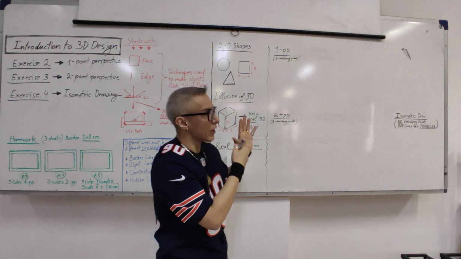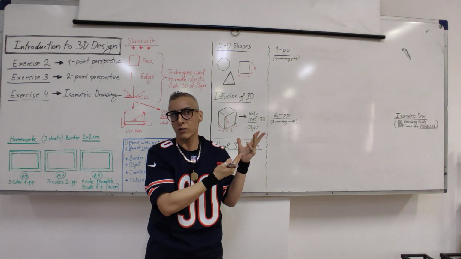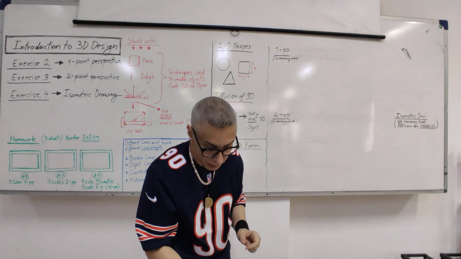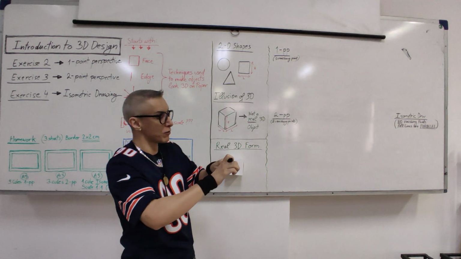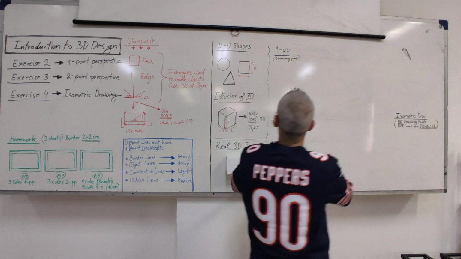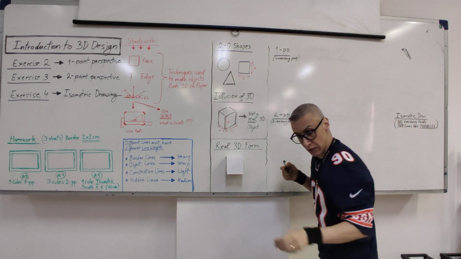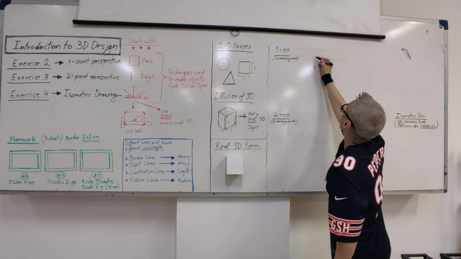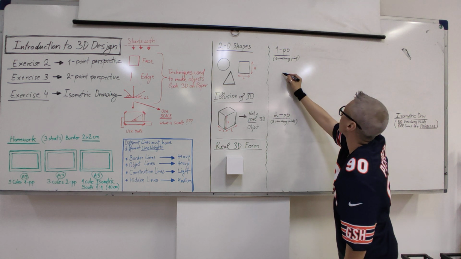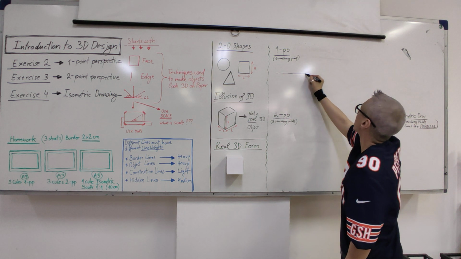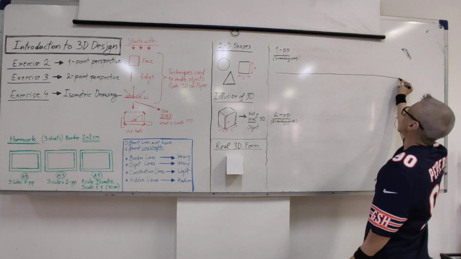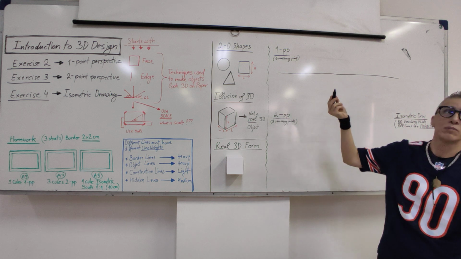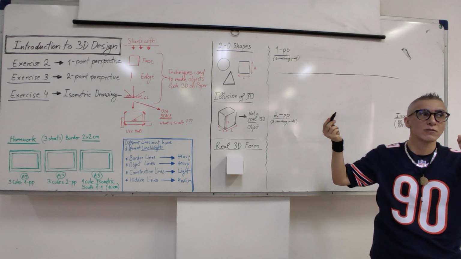So let's first of all see how drawing in one-point perspective works, and from then on we can explain more if needed. So in one-point perspective, we have what? A horizon line, we said. Let me draw a horizon line, parallel to the ground, okay? And we will put one point on it. One vanishing point.